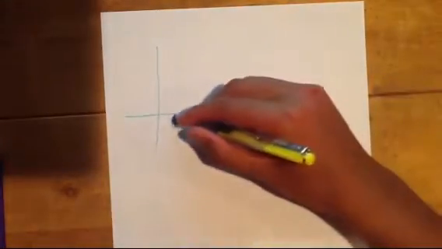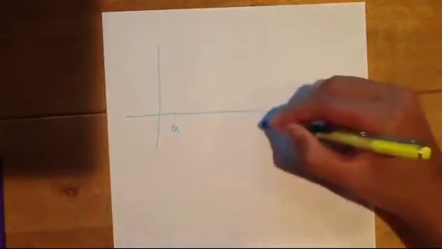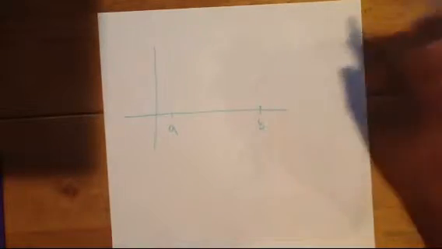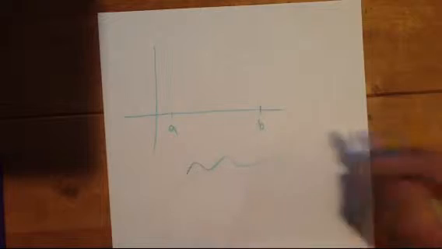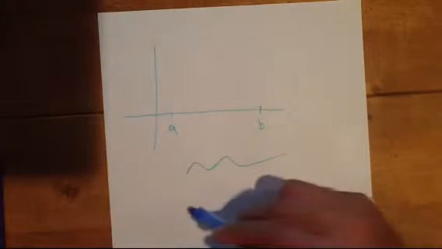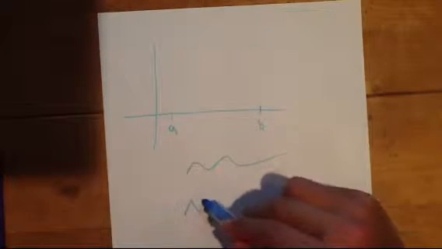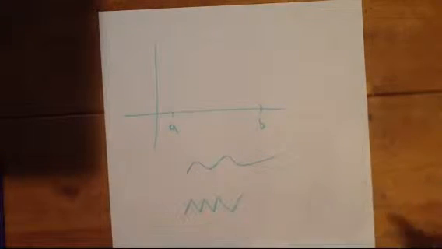Alright, so I'm going to draw the picture again. Let's say we have some interval with one endpoint a, the other endpoint b, and so we know that our function has to be continuous. So it might look like something like this, but likewise it looking like this is also continuous. However, our second condition says that the function has to be differentiable on the open interval.